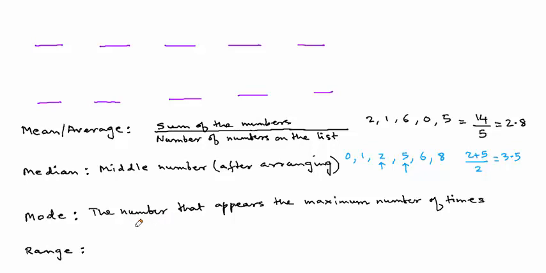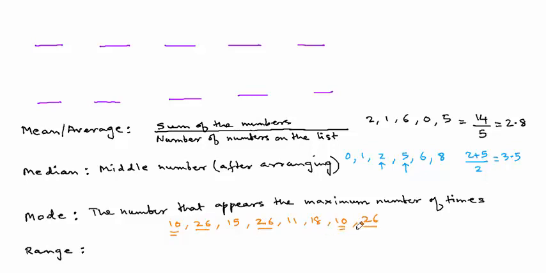For example, if you were to work with the numbers, let's say 10, 26, 15, 26, 11, 18, 10, 26 again. The mode is 26 because that appears 3 times on this list. And that's the maximum number of times any of these numbers appear on the list. You have 2 10s, but you have 3 26s.